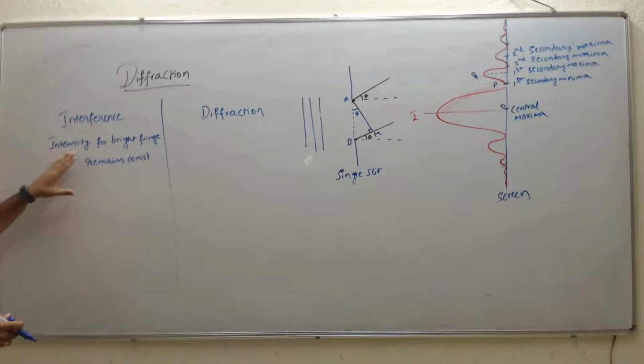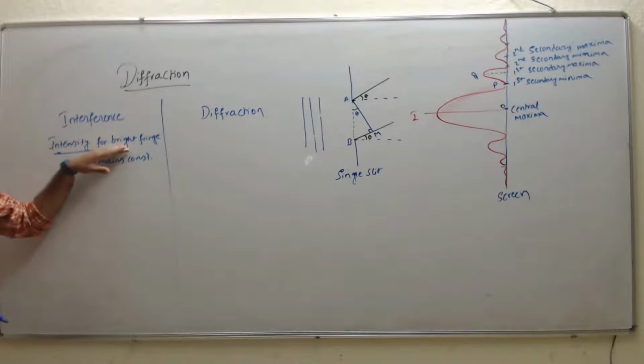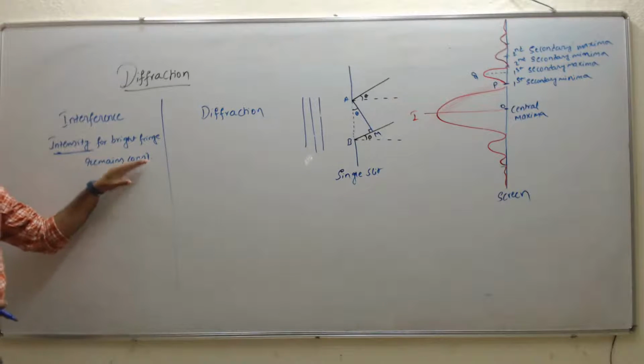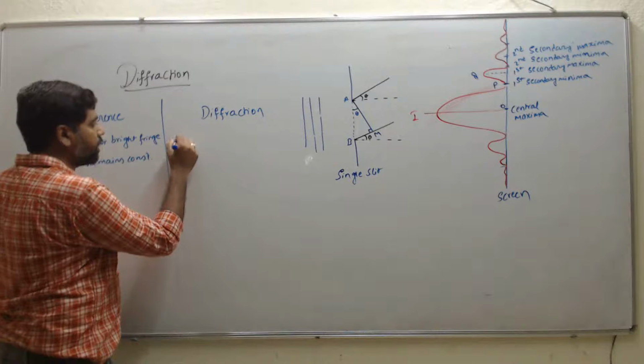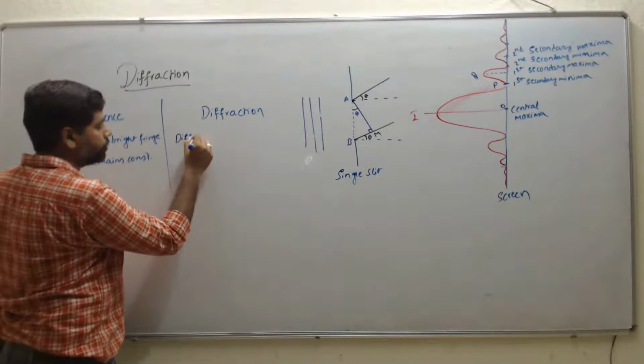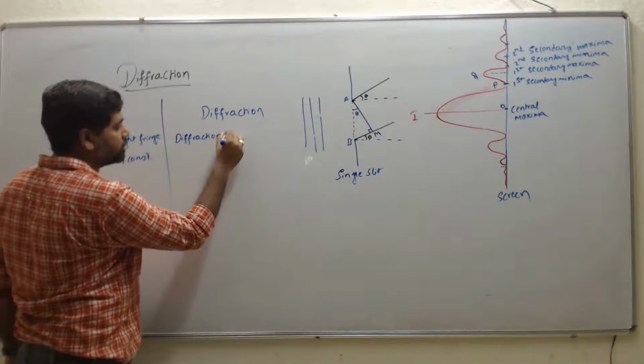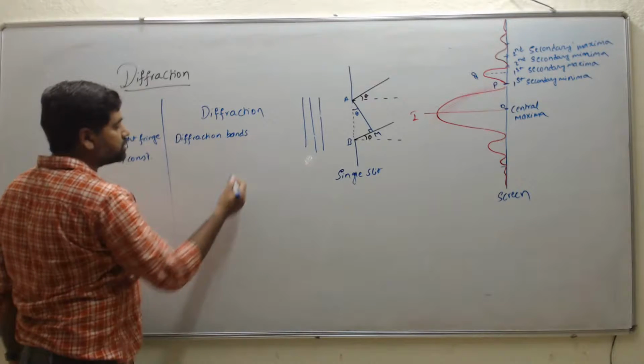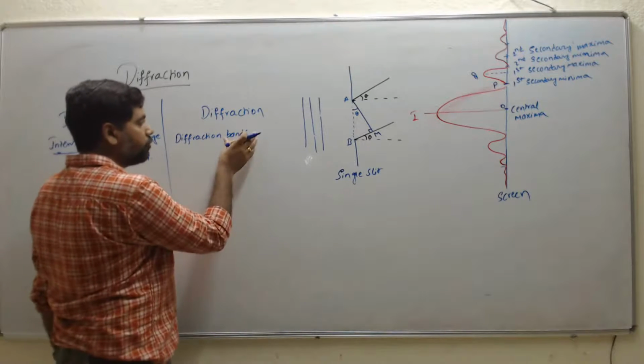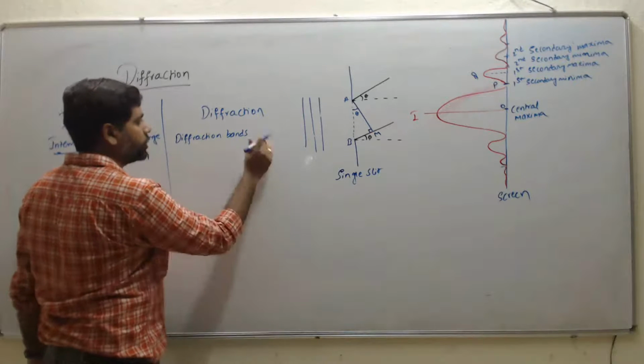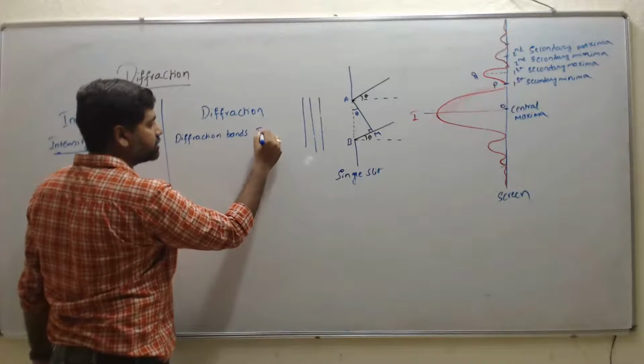So if you write this as the second point, that is the point on intensity: the intensity of the bright fringe remains constant. In diffraction, the bands, that is for the bright bands, the intensity decreases.